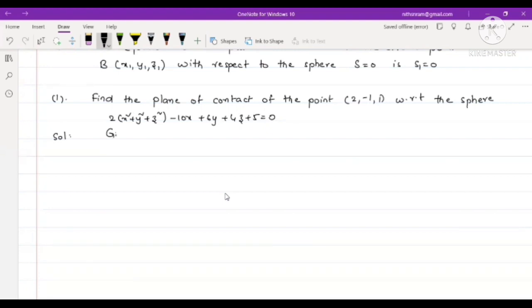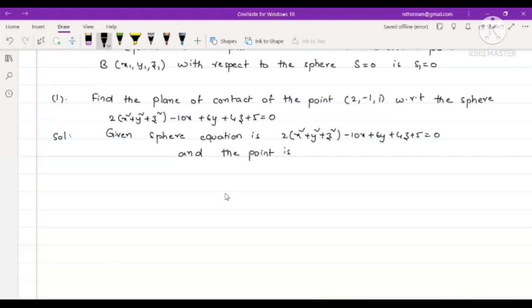Given sphere equation is 2(x square plus y square plus z square) minus 10x plus 6y plus 4z plus 5 is equal to 0, and the point is (2, -1, 1).